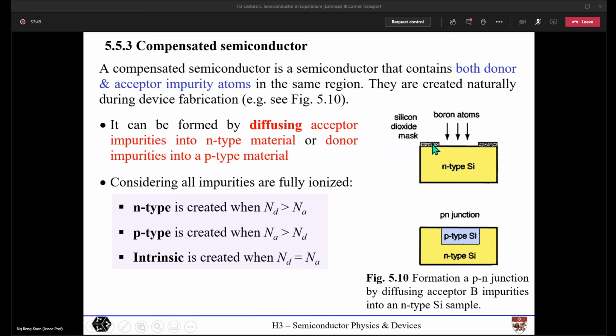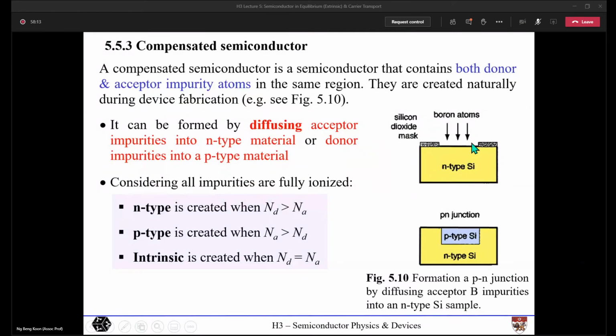You see this blackish region there; that can be in the form of photoresist to block the boron atoms from the part that you don't want to dope. Only the part that's exposed to the boron atoms will get boron into the semiconductor and make it p-type.